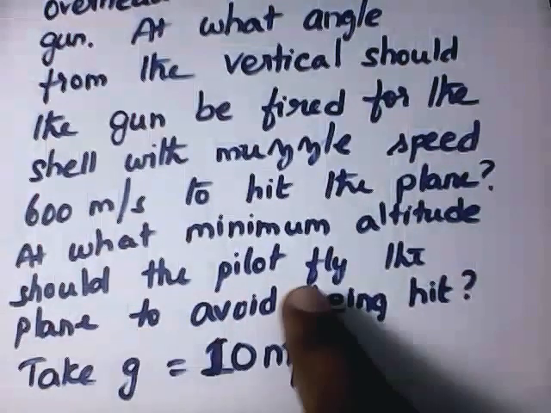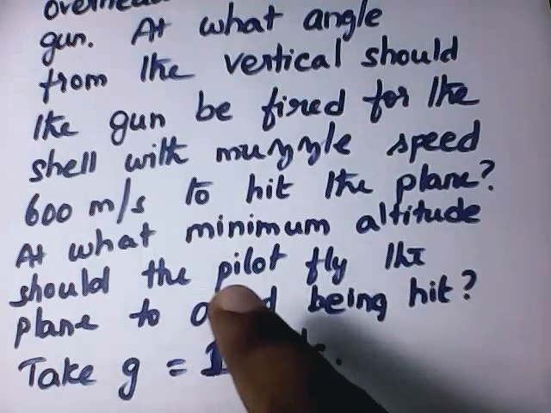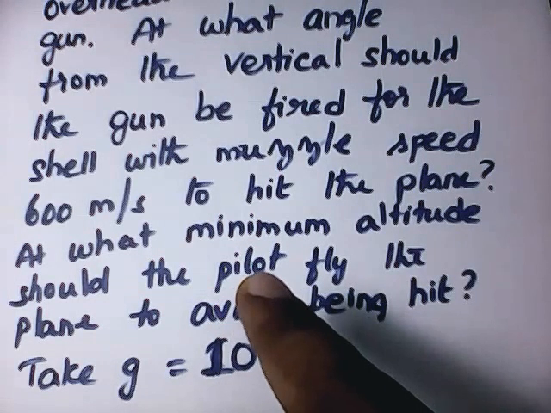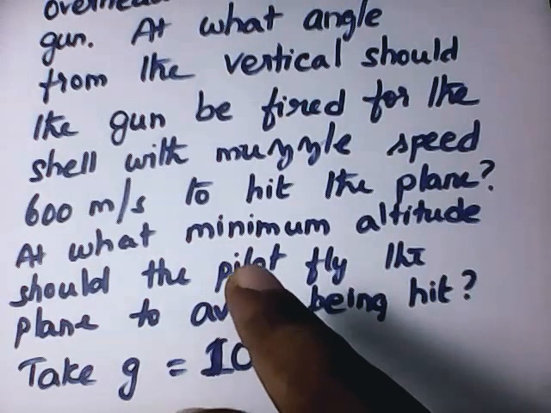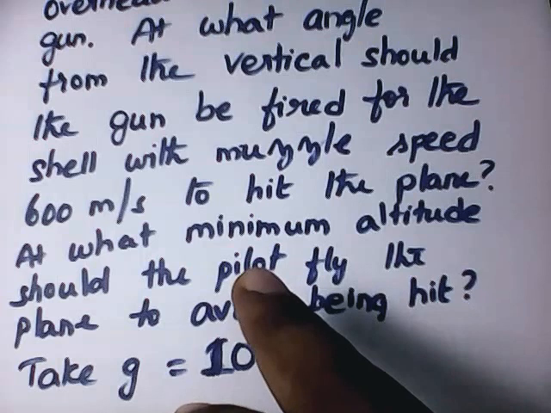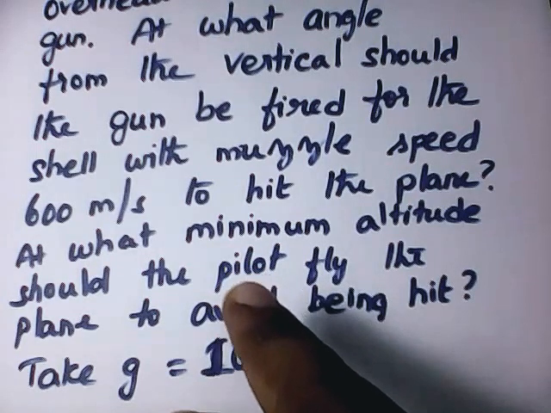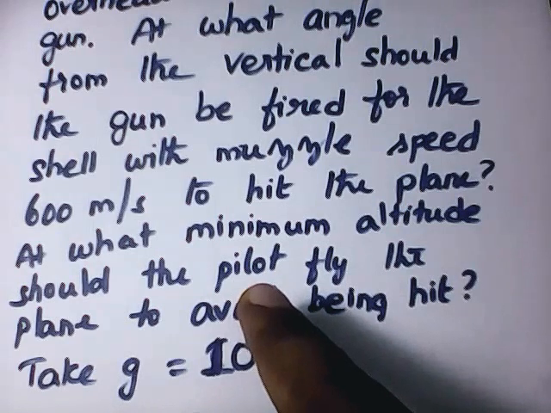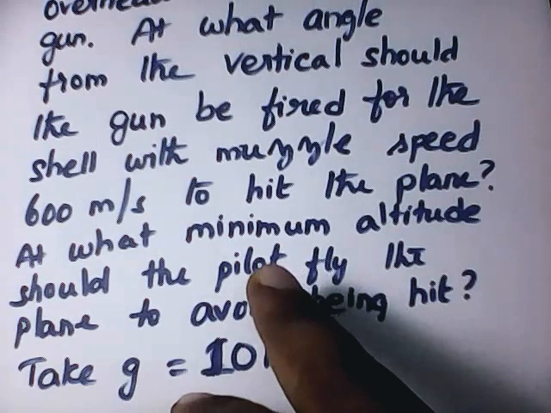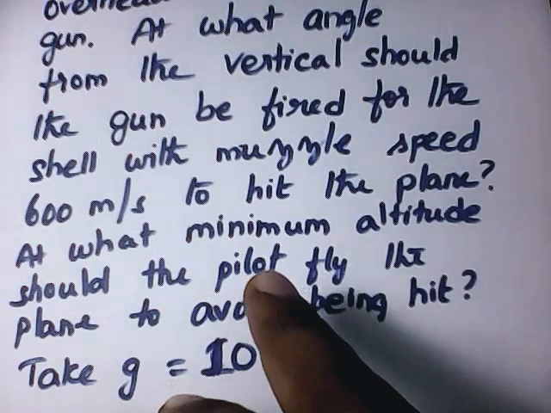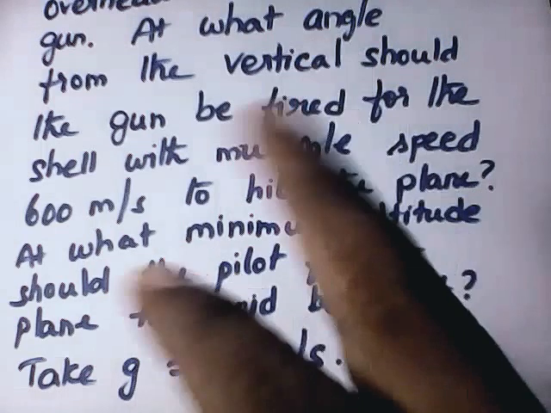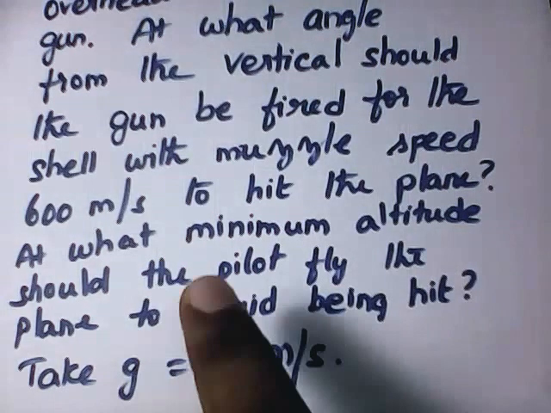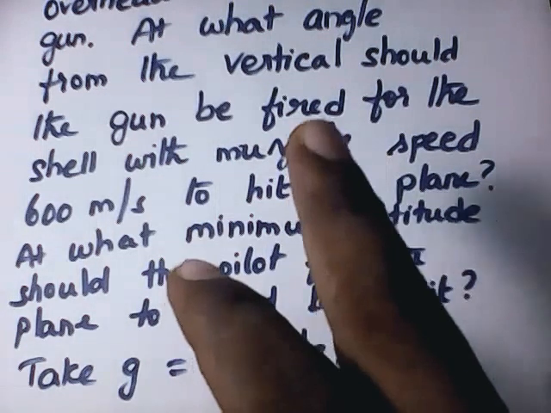At what minimum height should the pilot fly? Here you understand that the shell should not reach the flight. The plane should not be hit. So what they should do is find the maximum height for the theta which you have got with the vertical.